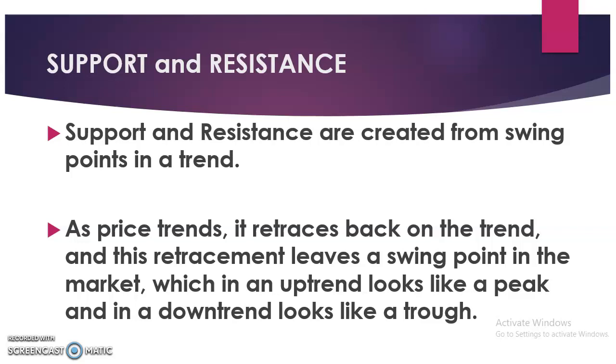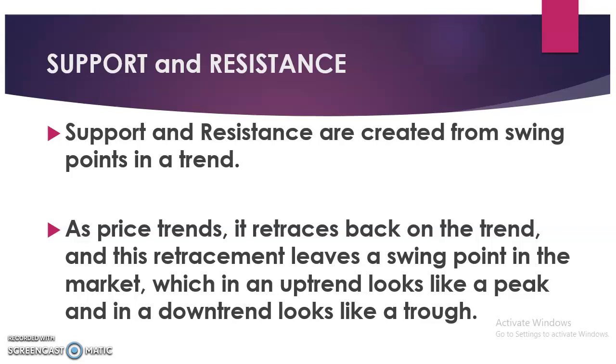So support and resistance are basically created from swing points in a trend. Don't worry, I'm going to show you what that means in a moment, but just have this at the back of your mind: support and resistance are created from swing points in a trend.